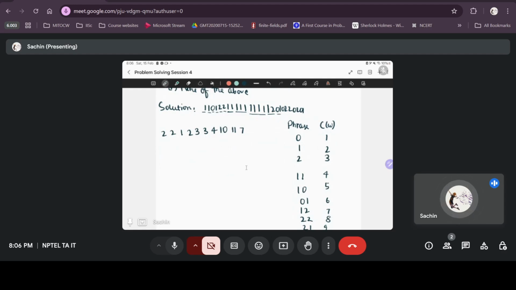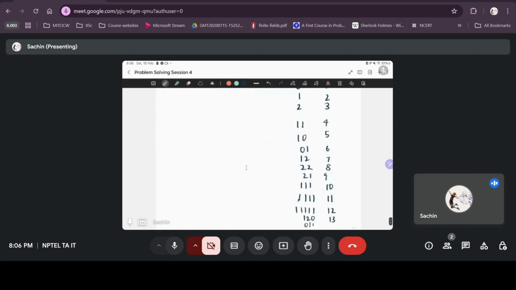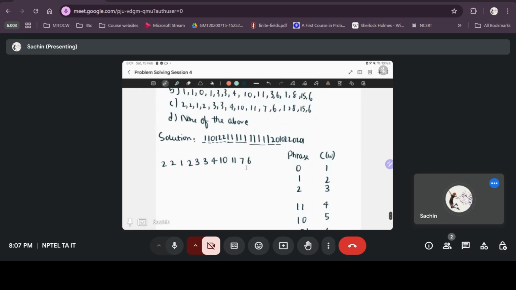And 0 1, the 6th code word. 0 1 0 is included as the 14th code word.